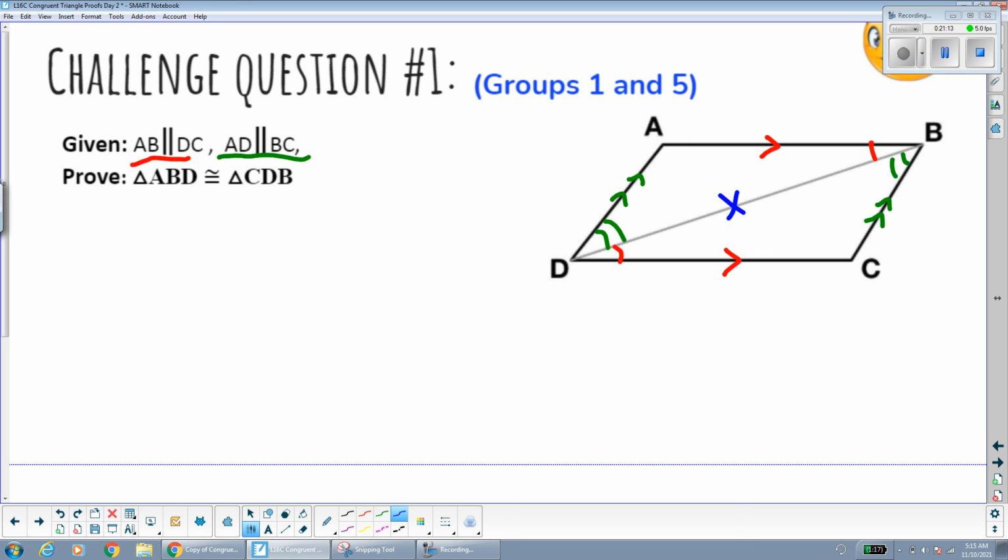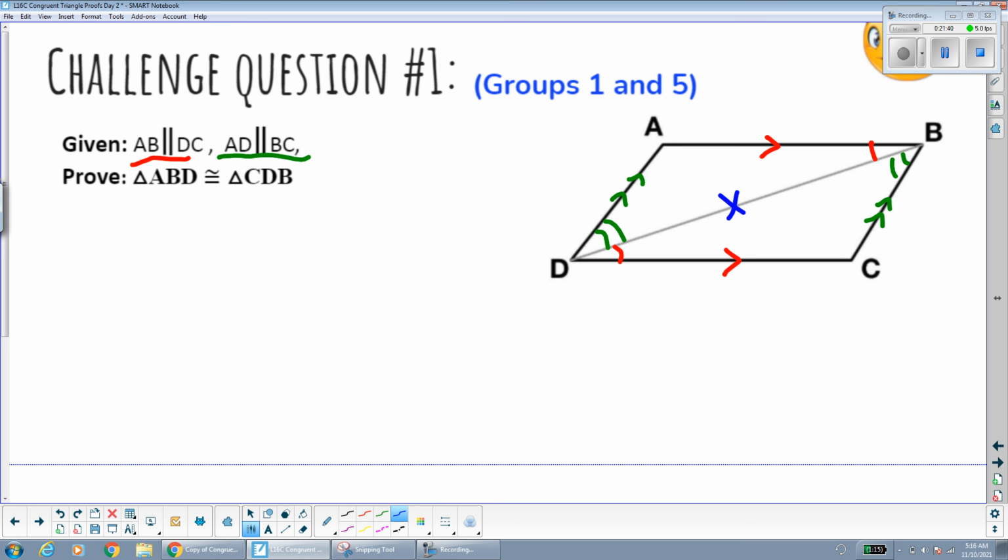So when you're writing your proof, you need to mention your givens. You can put that as step 1. Then you need to mention that angle ABD, the red one, is congruent to angle CDB, the other red one. And that angle ADB, this green one, is congruent to angle CBD, this other green one.